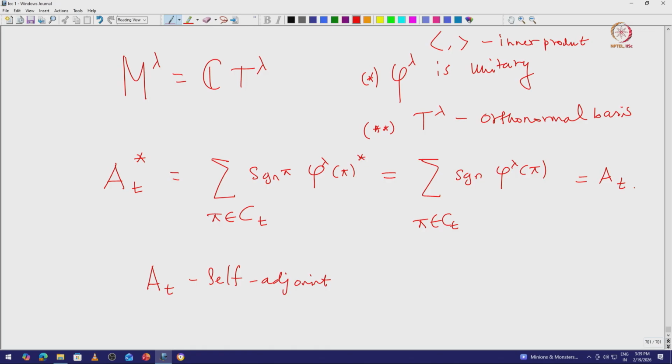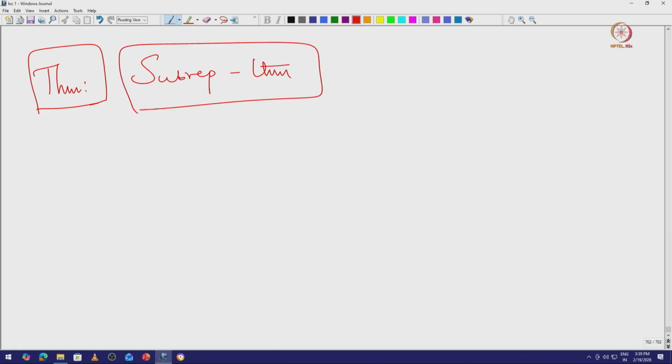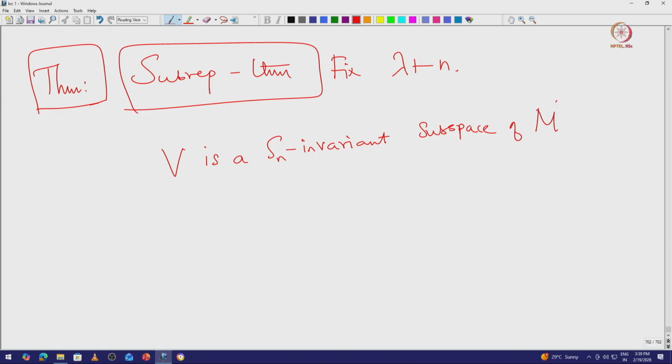Okay, so now let us prove this subrepresentation theorem, which is a very crucial theorem in order to conclude that S lambdas are irreducible. So we call this the subrepresentation theorem. What it says is something about invariant subspaces of m lambda. So we fix this partition lambda and take V to be an Sn invariant subspace of m lambda.